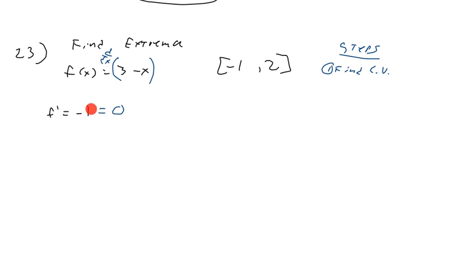Because when we did the derivative of this linear equation, this is a line, everybody. Are there any peaks or valleys for a line? No. There's not going to be any critical values. There's no extrema. No critical values for a line.